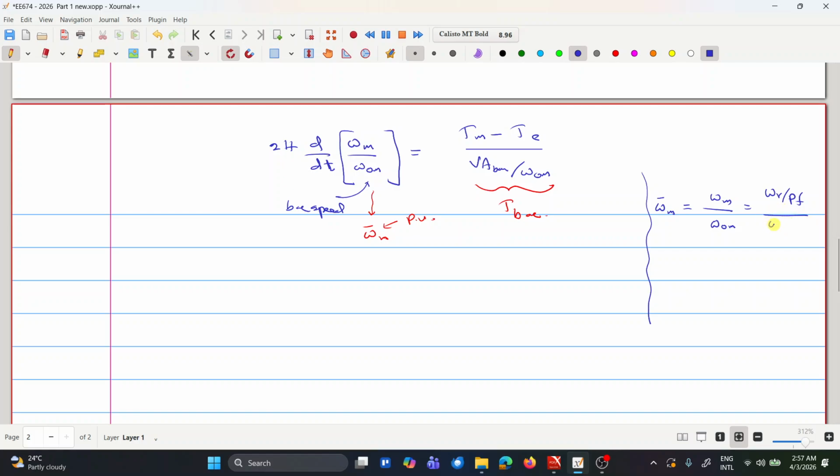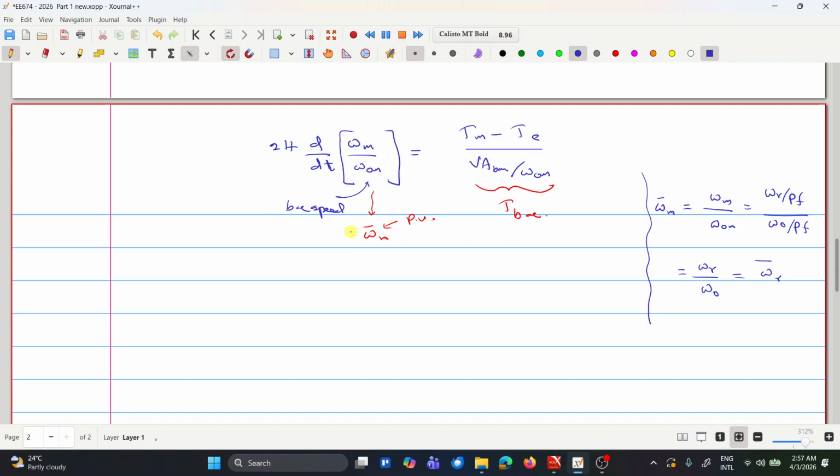And the omega 0 m, or the rated speed, is omega 0 over pf. So that would be basically equal to omega r over omega 0, which is the per unit rotor speed of the synchronous machine.